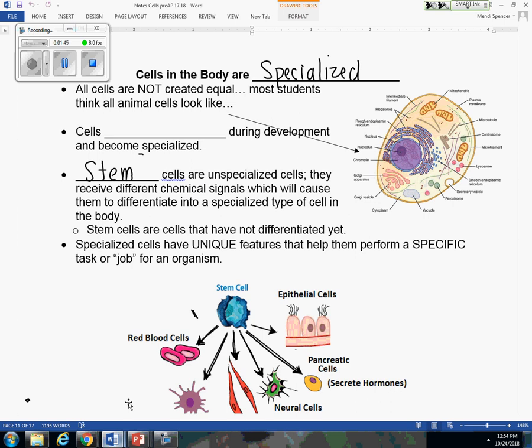So stem cells can differentiate. So someday you're going to differentiate from other people in this class. You're going to choose what you're going to grow up to be. And that's kind of what stem cells are doing, even though they don't have a choice. They're just receiving chemical signals, and that is going to determine whether they are going to turn into red blood cells or white blood cells, etc.